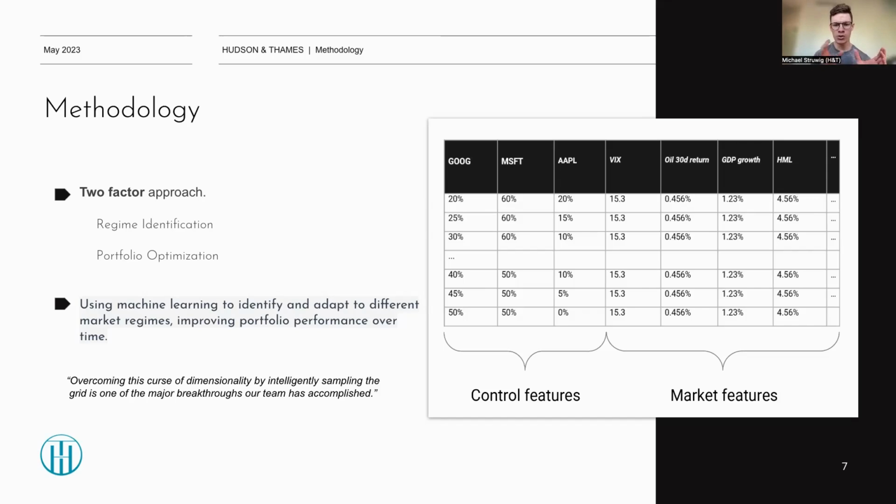And then once you have that model that's trained, that now understands how market features will affect the portfolio, you start saying, okay, how can I tweak my control features, because the control features are these levers you can pull, the weights that you can shift around? How do I tweak those so that I end up with a maximum Sharpe ratio at the end?